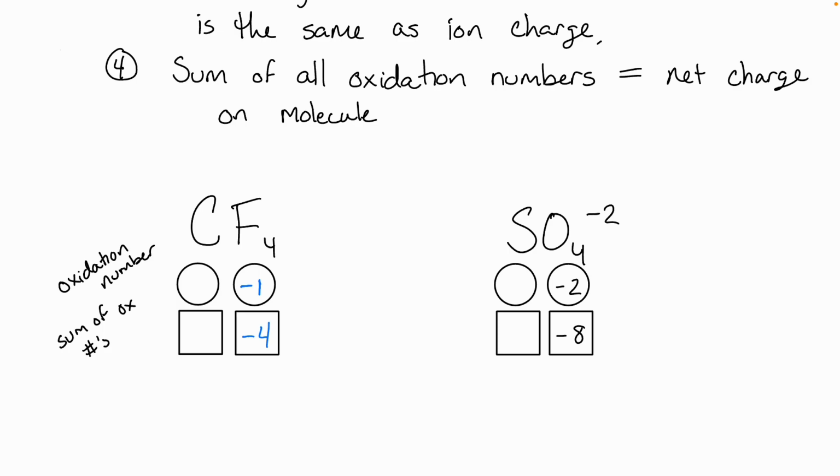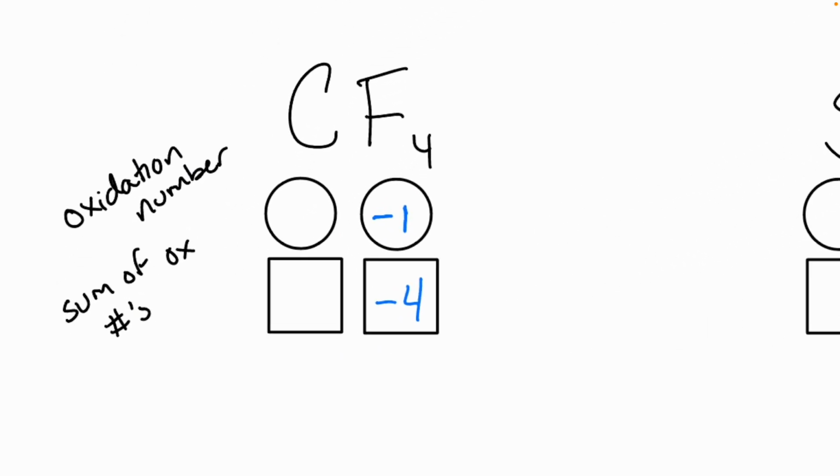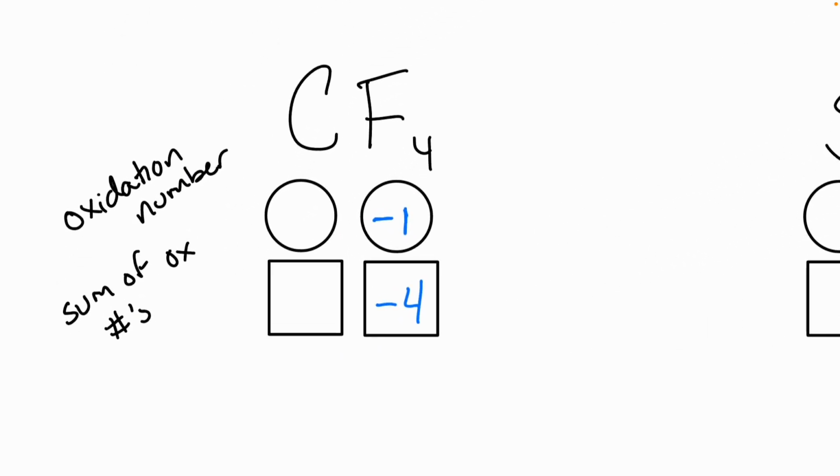So in order to figure out my carbon, I have to work backwards. I don't know what the oxidation number of carbon is, but I do know what it is on my fluorine. And I know that the sum of all of these together has to equal the net charge on this molecule, which is 0. There's nothing written there, so my net charge is 0.